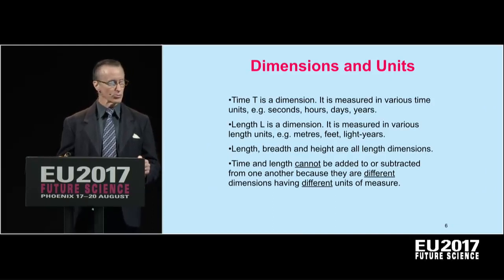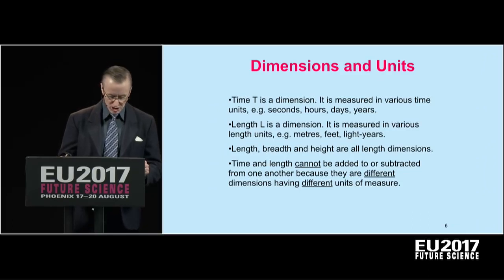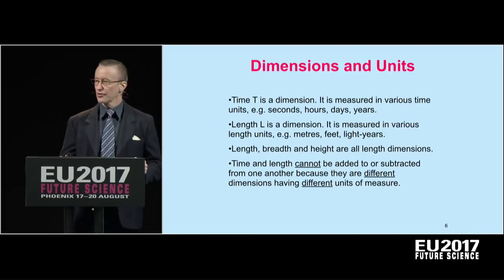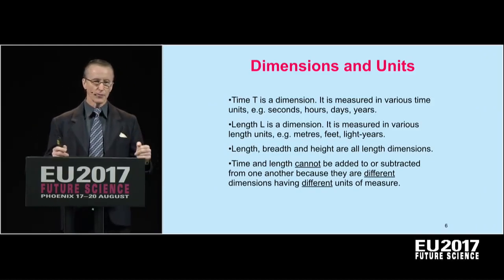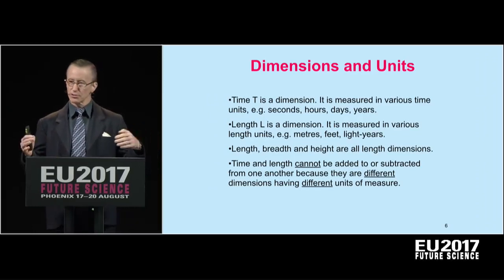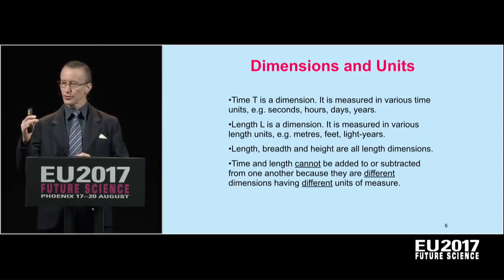We just talk about length, and we denote it by L. And we can measure that in meters, feet, light years, or inches. And we have, from our common experience, 3 length dimensions: length, breadth, and height. For instance, in a box, we have the length of the box, the width of the box, the height of the box.